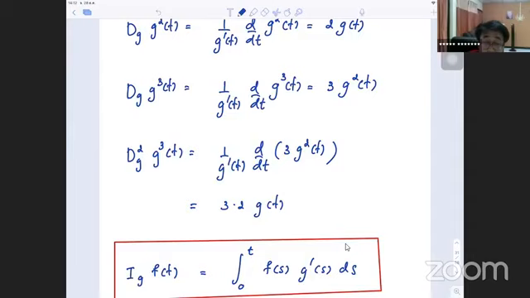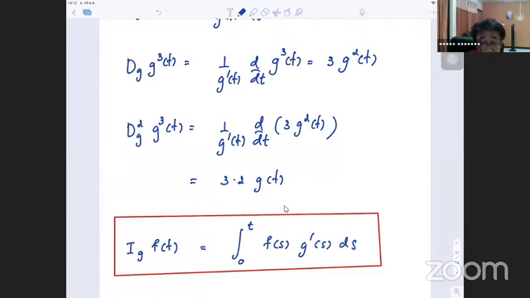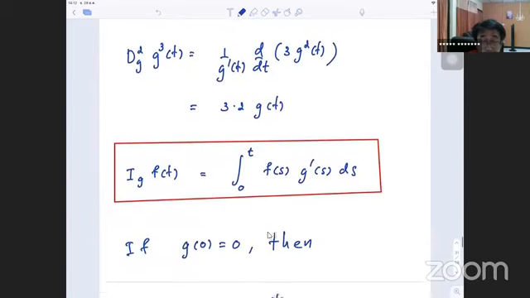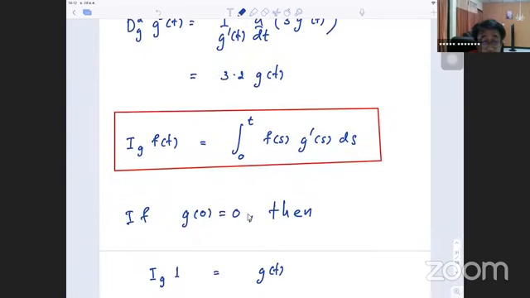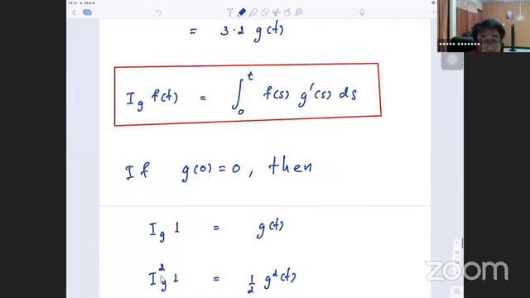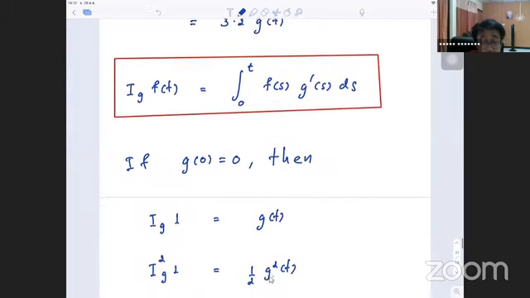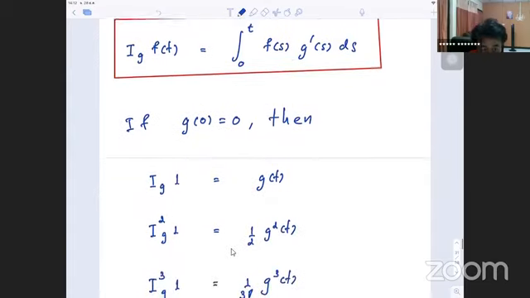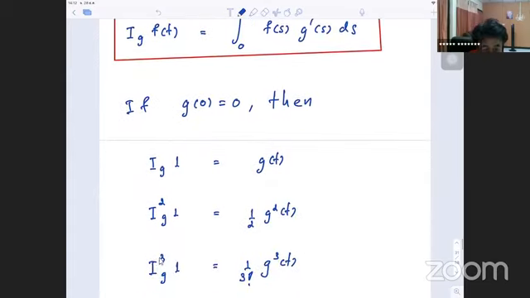And the integration defined by this. If g(0) equal to 0, we get integration of 1 equal to g(t). The double integration of 1 equal to 1 over 2 g square. And the third integration of 1 equal to this.